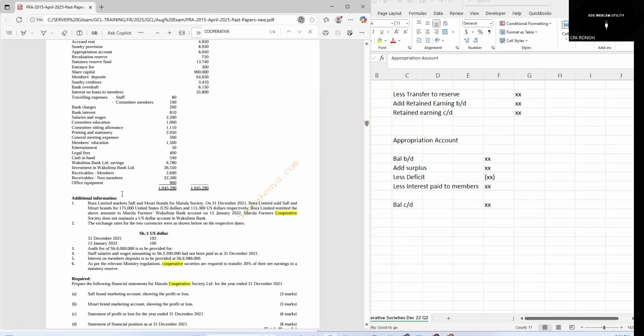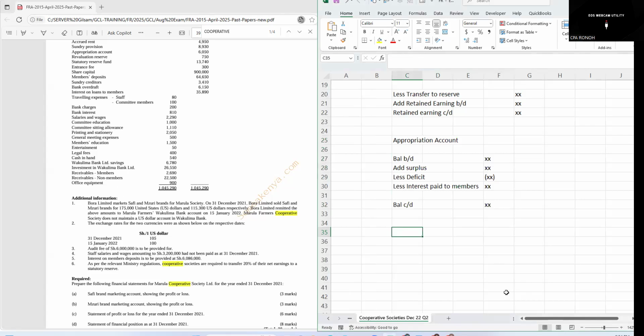Marula Farmers Cooperative Society does not maintain a US dollar account in Wakulima Bank. So which means we'll have to convert it to the Kenya shilling they are using. So we have been given the exchange rate as at 1st December 2021, 105, and January 15, 100. So it is now upon us to determine which rate we are going to use.